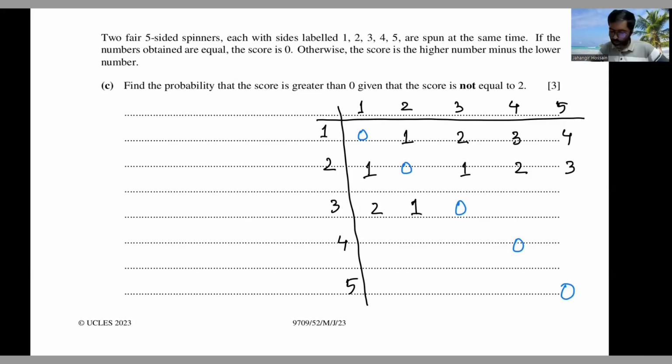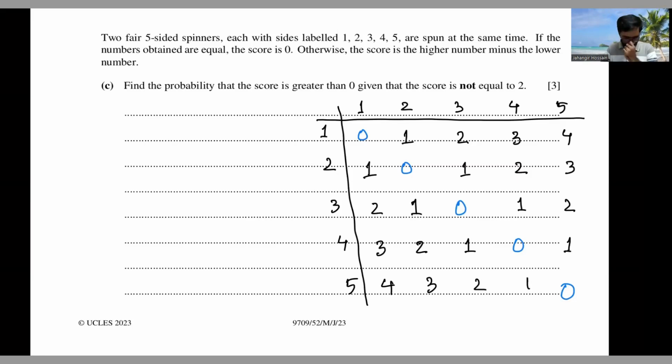Then we have 3, 4, score is 1. 3, 5, score is 2. Here the outcome is 1, 4, difference is 3. Here the outcome is 2, 4, difference 2. So we see there is a sequence 4, 3, 2, 1.